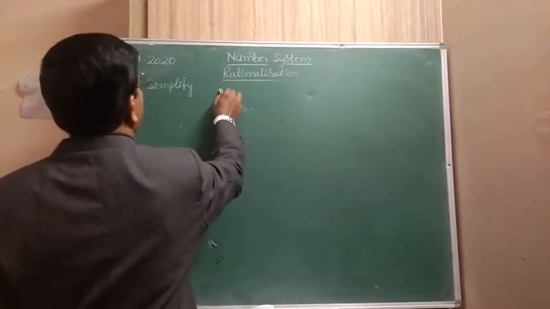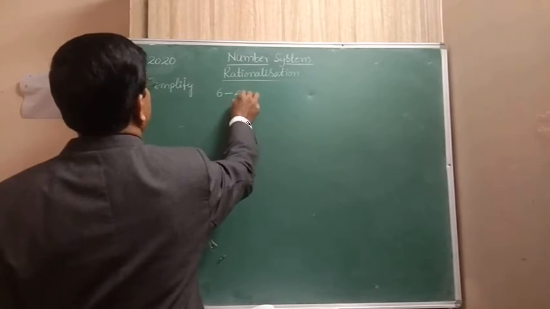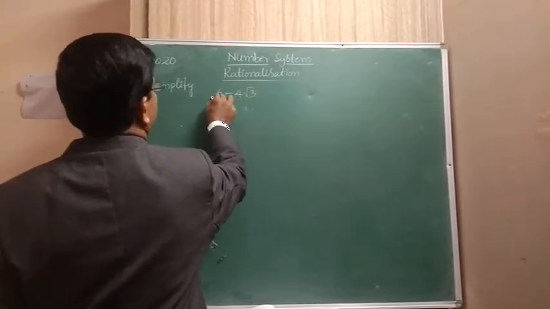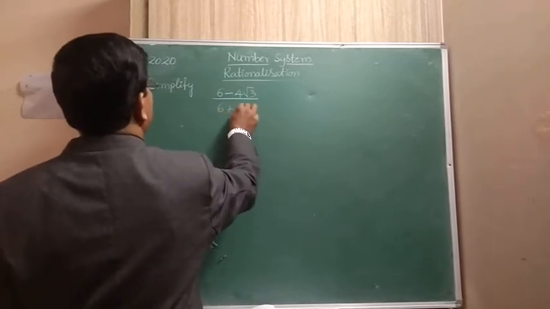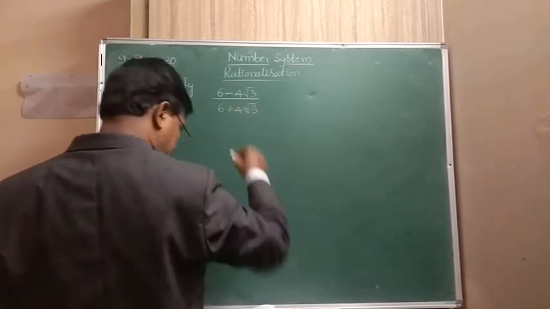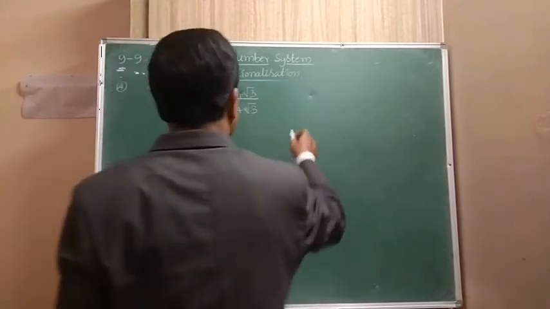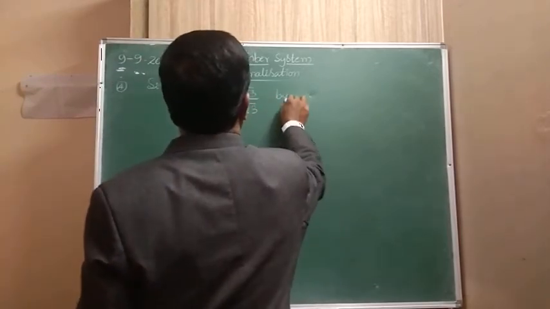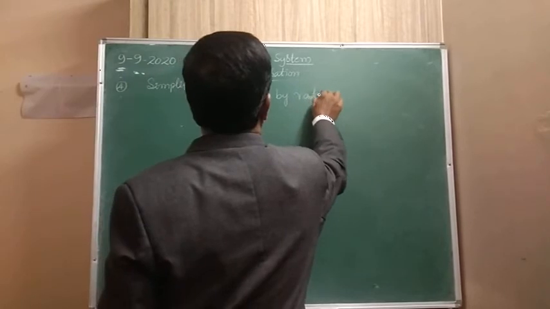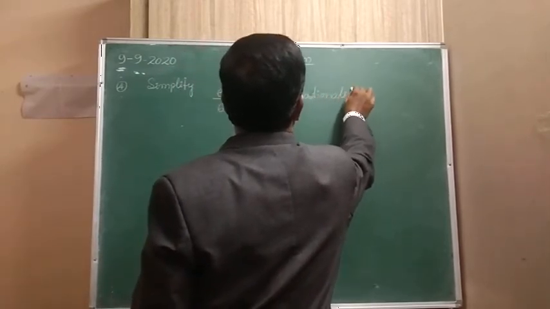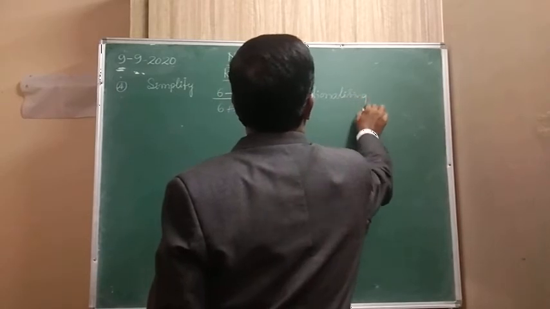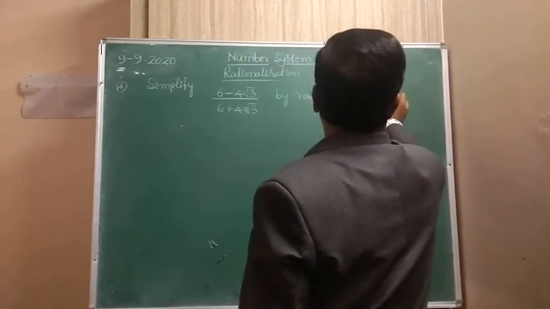Simplify (6 minus 4 root 3) by (6 plus 4 root 3) by rationalizing the denominator.